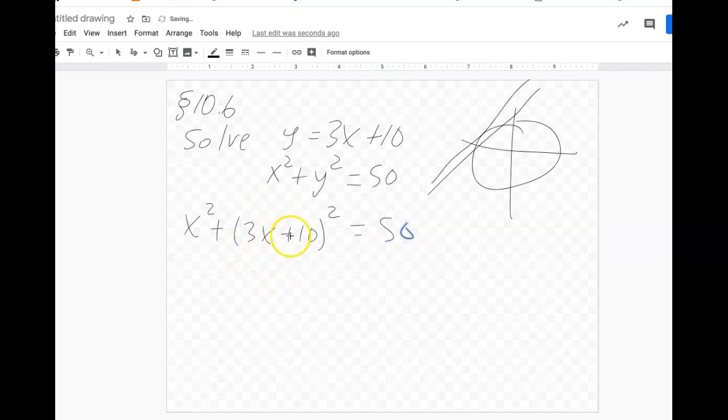And then we're going to go ahead and multiply this out, combine like terms, and see if we can factor or use other techniques. So we'll have x squared plus 9x squared plus 3x times 10 is 30 times 2 is 60x plus 100 is equal to 50.